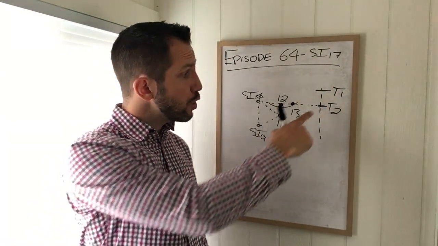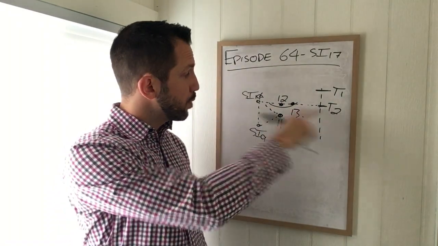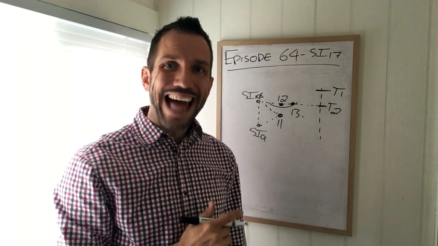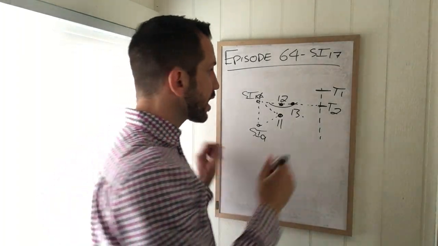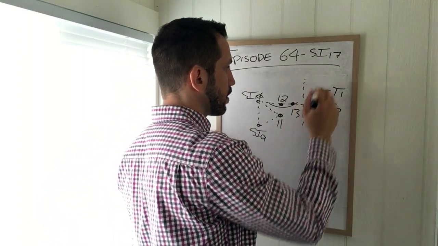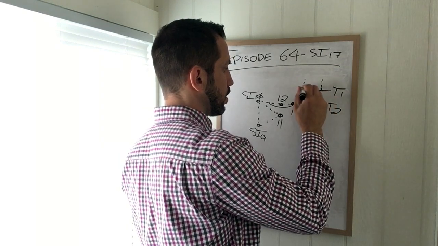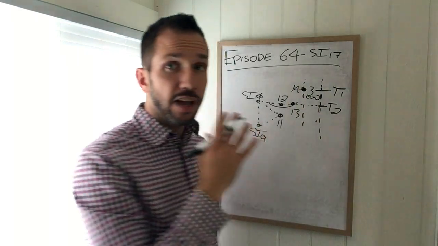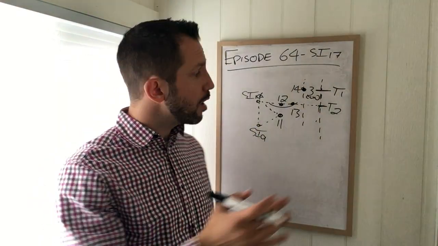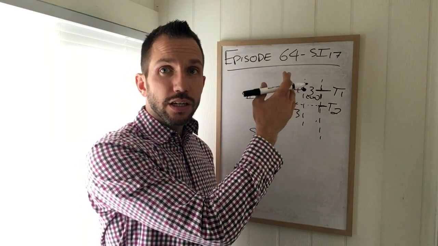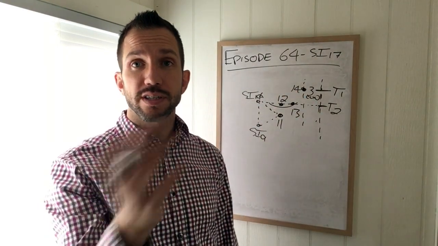So at T2, in the middle here between SI10, we've got the 13. We're going to move up to T1. 3 cun lateral to T1 is where we find our next acupuncture point, SI14. Now this is really important to remember because we have outer UB points that start at T2. So UB41, of course, is at T2.